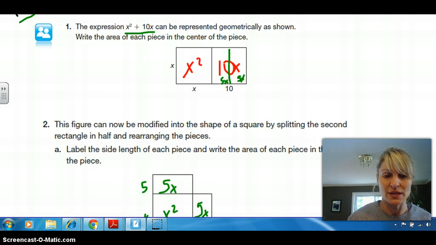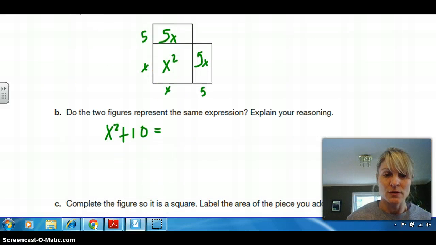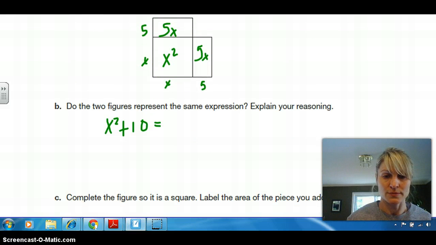All we did was split that 10x in half and move it around. So is that equivalent to x squared plus 5x plus 5x? And of course, that should be true. These are the same thing. 5x and 5x gives you the 10x. Oops, this is supposed to be x, sorry. That's supposed to be 10x, okay?